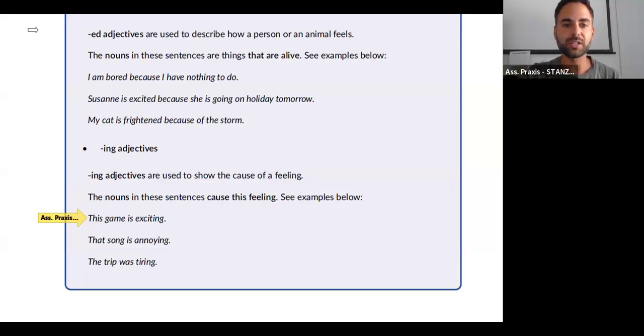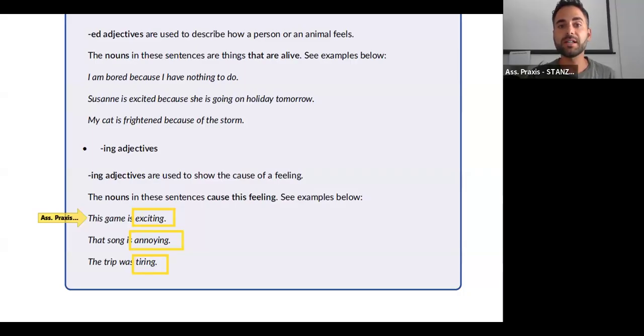We have three adjectives here again: exciting, annoying, and tiring. These three adjectives describe not the feelings of the person or of the animal, but the cause of these feelings.